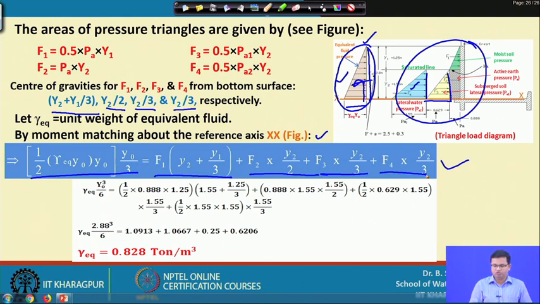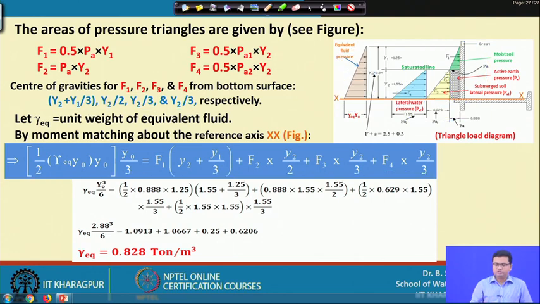So, once this is known, you can put all these values that are already calculated. So, by solving this, you can get the value of gamma equivalent equal to 0.828 ton per meter cube. So, this solves the first part of the problem.